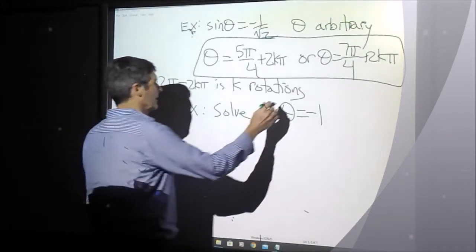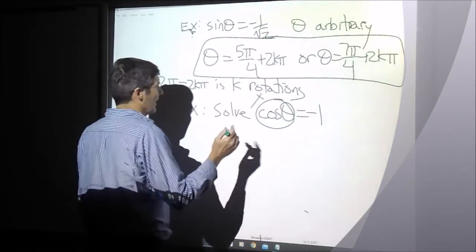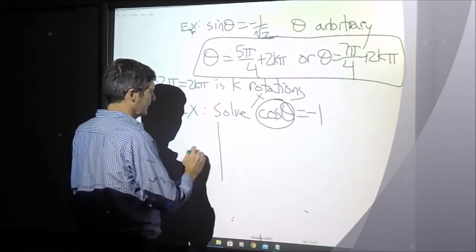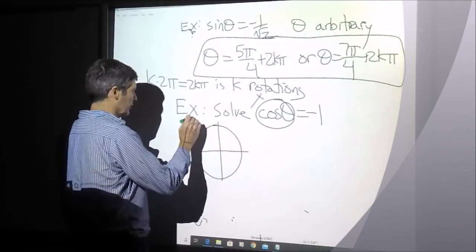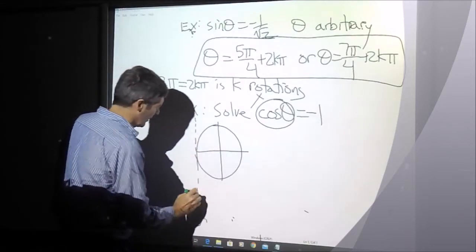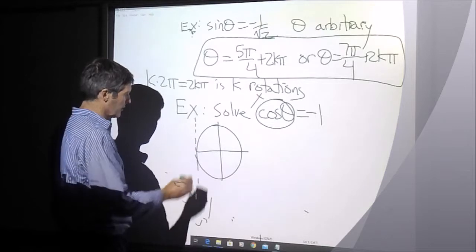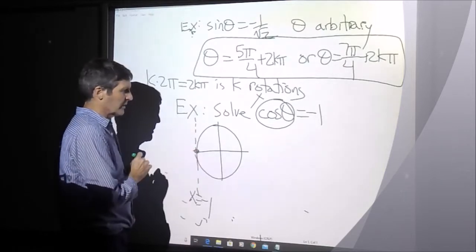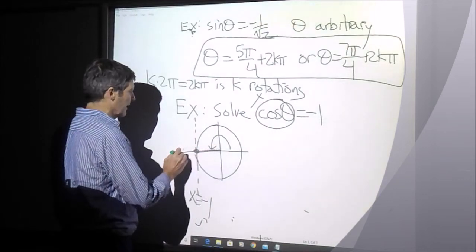Well, cosine theta is the x-coordinate of the unit circle. The way you do these is, we said, you draw the unit circle. I want the x-coordinate to be minus 1. Here's the line, x equals minus 1, of all points in the plane whose x-coordinate is minus 1. There's only one of these on the unit circle. It's right there. It follows that there's only one terminal ray that can get you that x-coordinate.